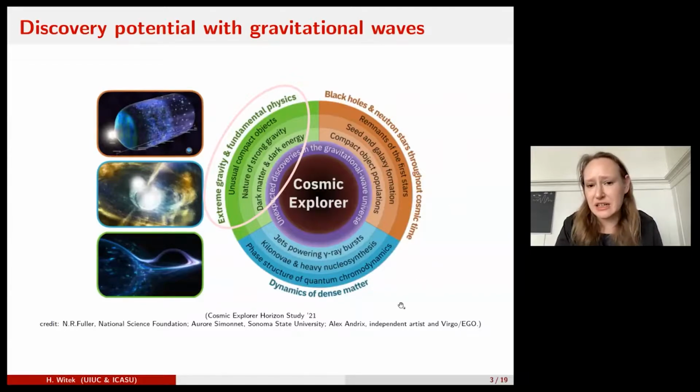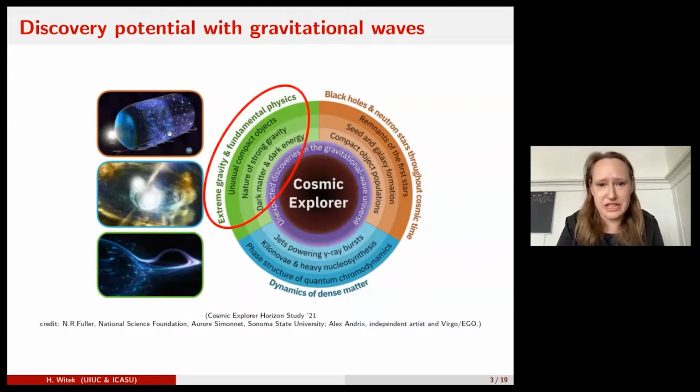Another big topic that Tanya already touched upon is to learn about dense matter inside neutron stars and actually help us understand questions in nuclear physics, nuclear theory. And the last block here that I want to focus on today is about the nature of gravity itself.